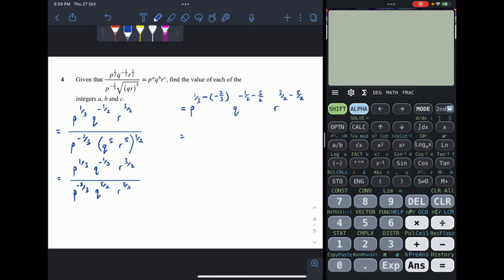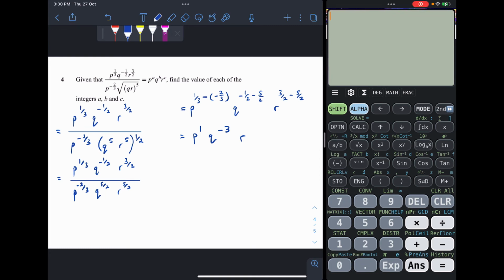So the first one, I know that it's just going to be P to the power of 1. For Q, the next one is going to be -1/2 minus 5/2. That's -6/2. -6/2 is -3. And the last one is going to be 3/2 minus 5/2. Let's test my memory. It will become -2/2.